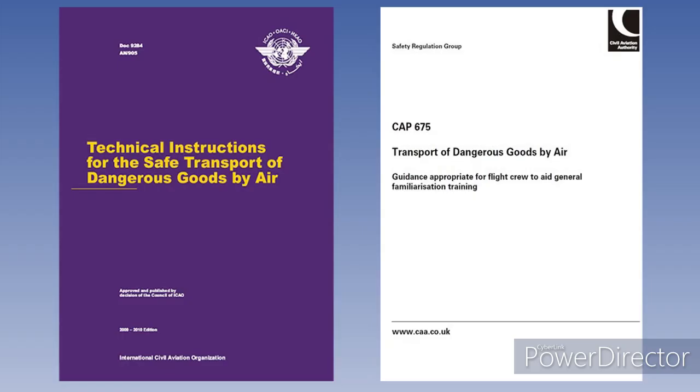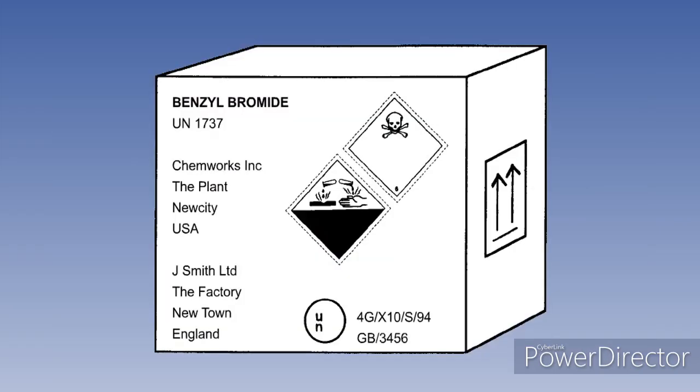The regulations are also published in the CAA document CAP 675. For shipping dangerous goods internationally, the labelling and documentation must be in English. The operator must ensure that goods are carried, packed and labelled in accordance with the technical instructions. In addition, operators must produce and follow an acceptance checklist for dangerous goods procedures.